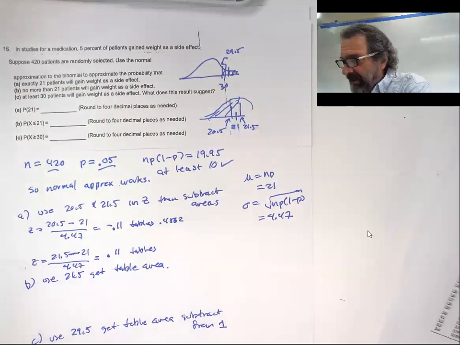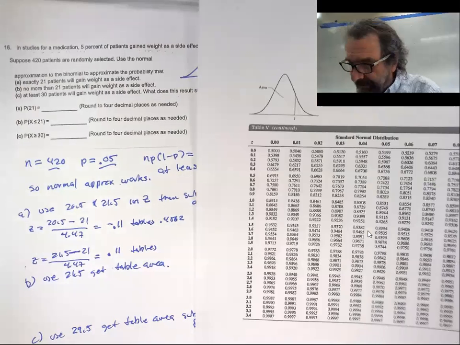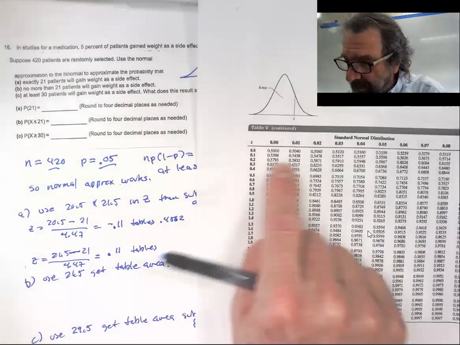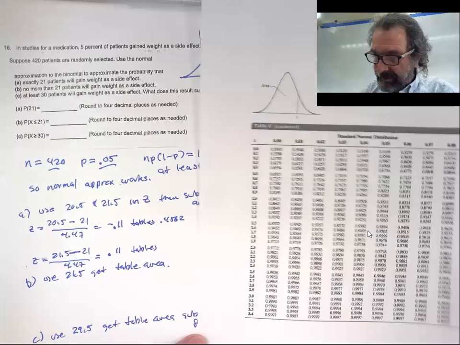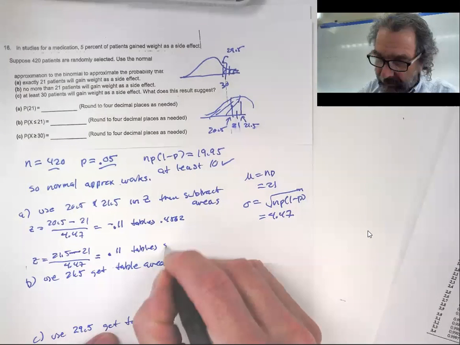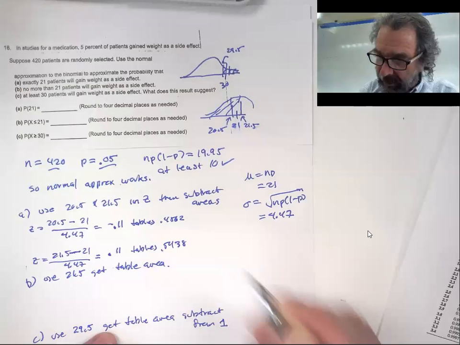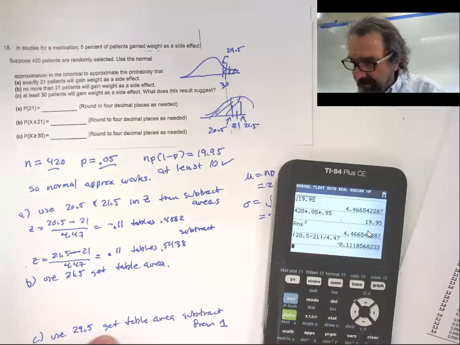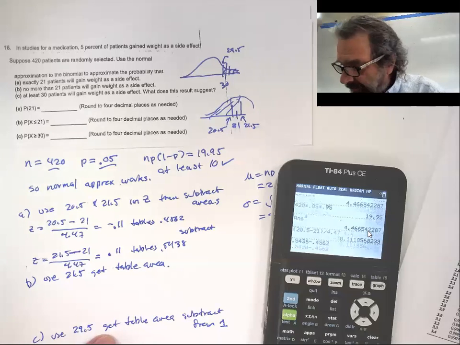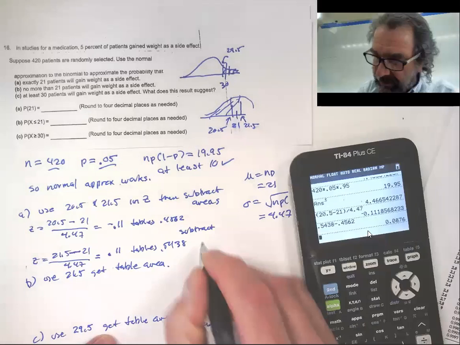And for plus 0.11, we're up here, right there, 0.5438. And now we subtract. My calculator survived the fall. 0.5438 minus 0.4562 is 0.0876.